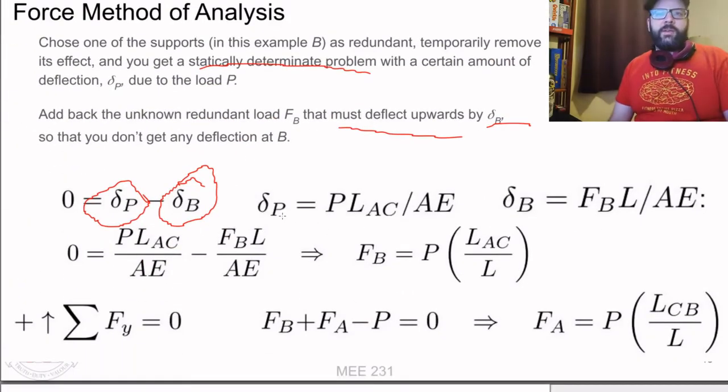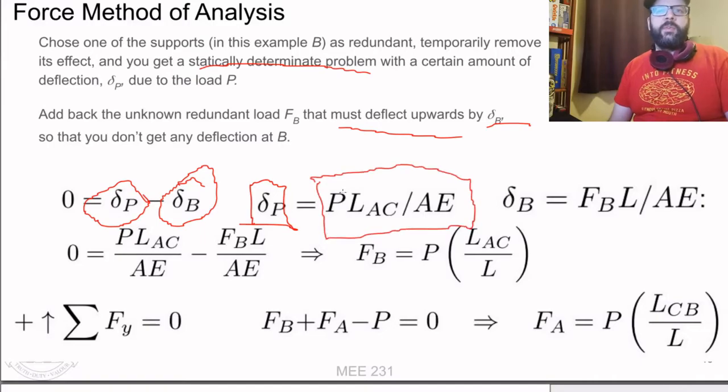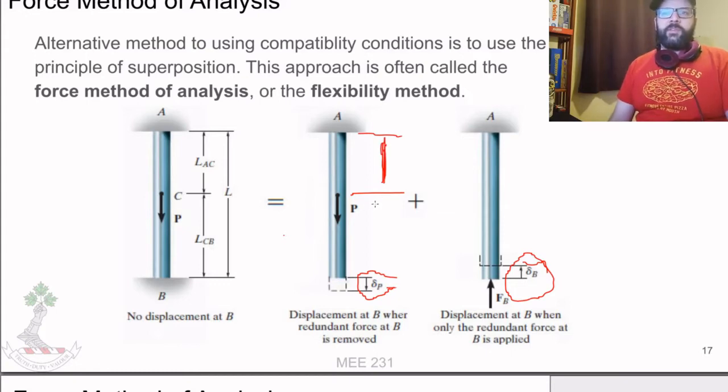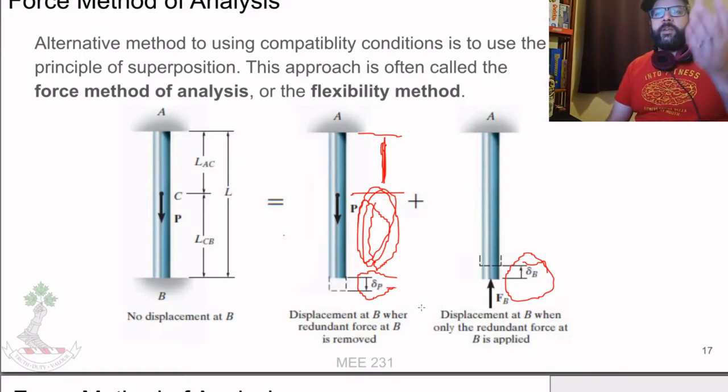So again, displacement based upon the load is just going to be the load times the distance over which the load is acting. The actual stretch is only going to be based upon this distance here, because this section here doesn't have any stress in it.